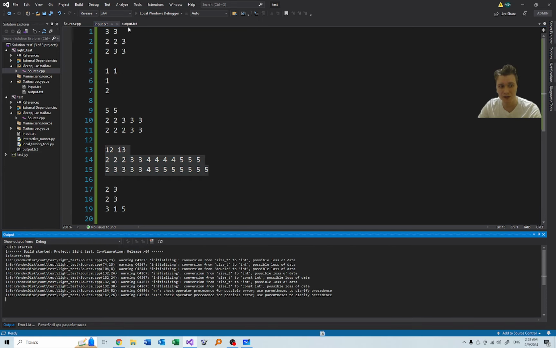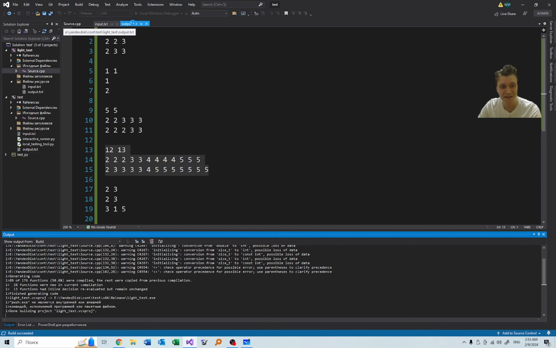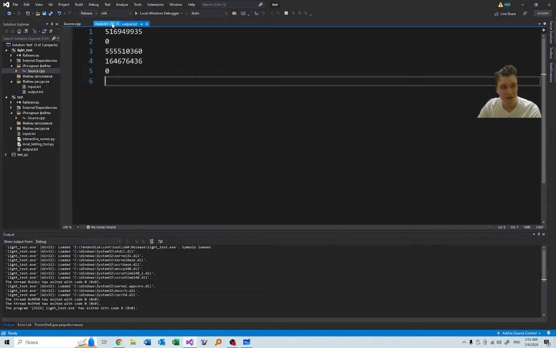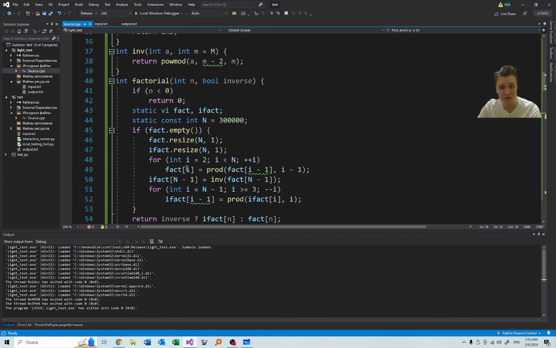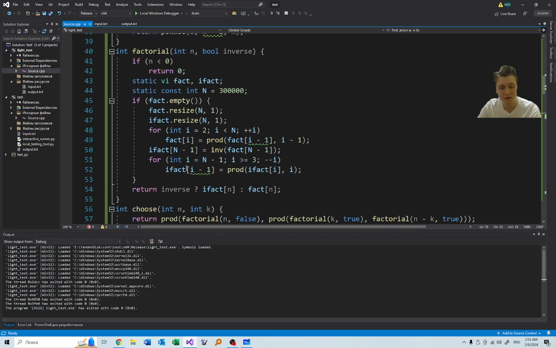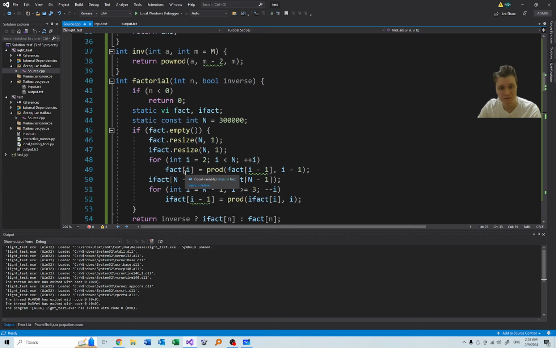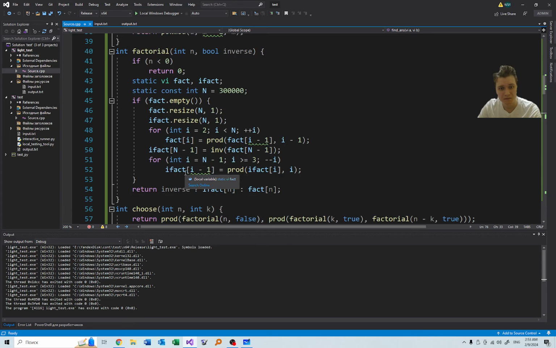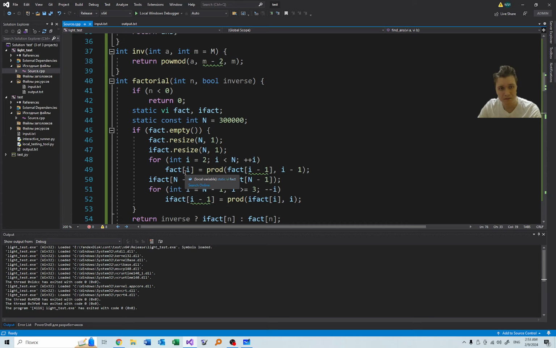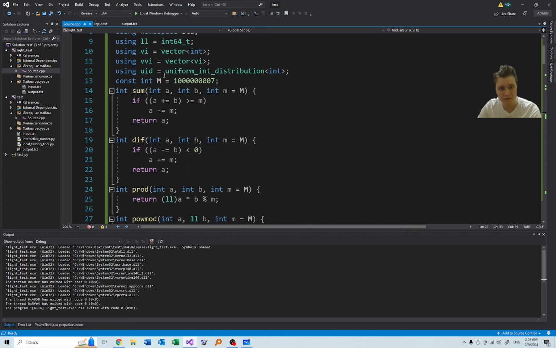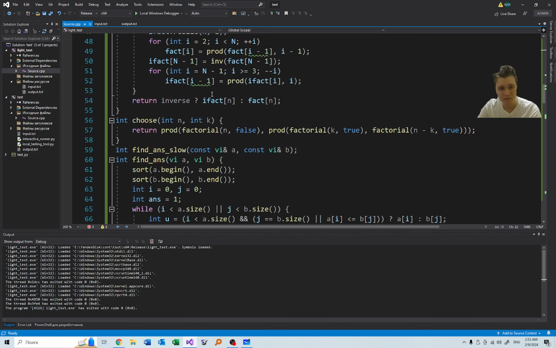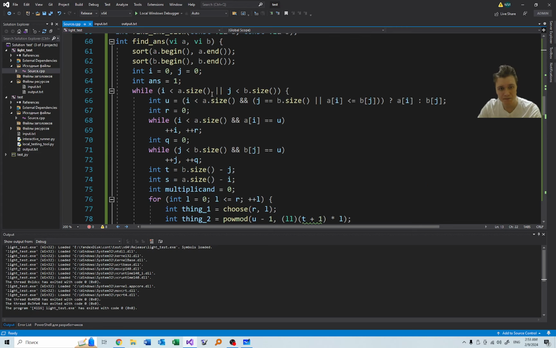Let's see if we calculated at least something correctly. No, no. Actually, it seems like we messed up the factorials.